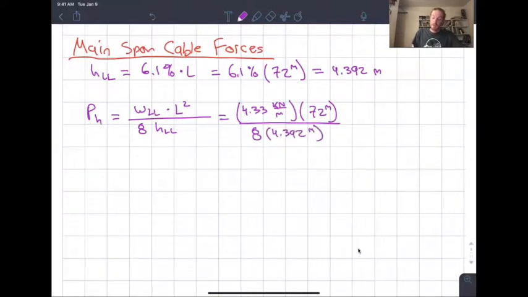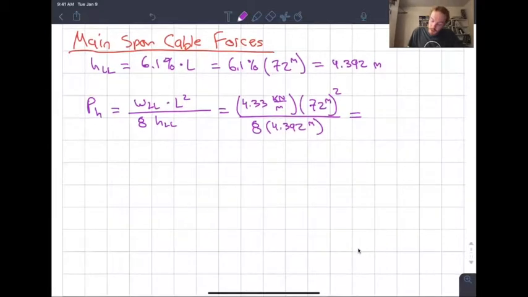If you look at the units, we have meters squared over meters, they cancel, and we're just left with kilonewtons, so we know that our units are correct. If you run that, you should get 638.85 kilonewtons.